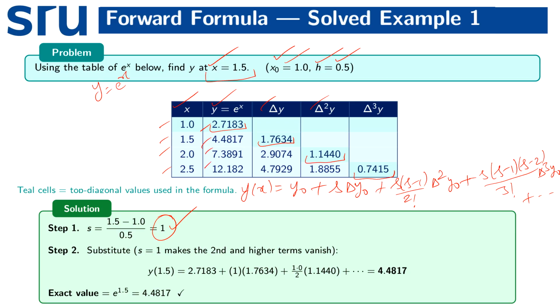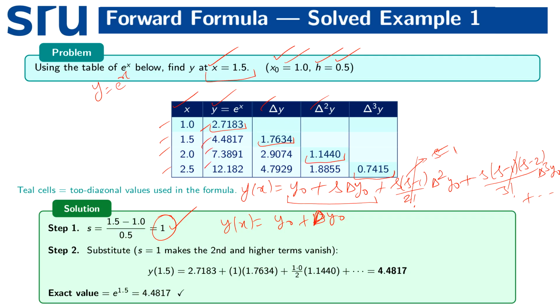If you put s equal to 1, this will be cancelled, and later on all the terms will be cancelled. So the left out terms are these two only, that is y x equal to y naught plus delta y naught, because s is 1 here.